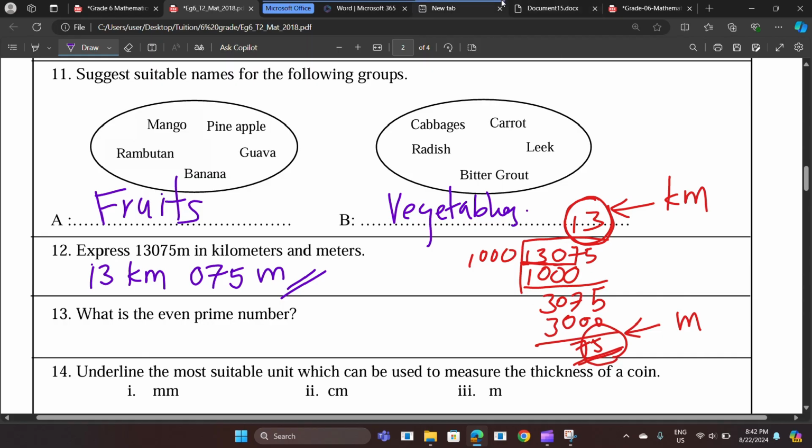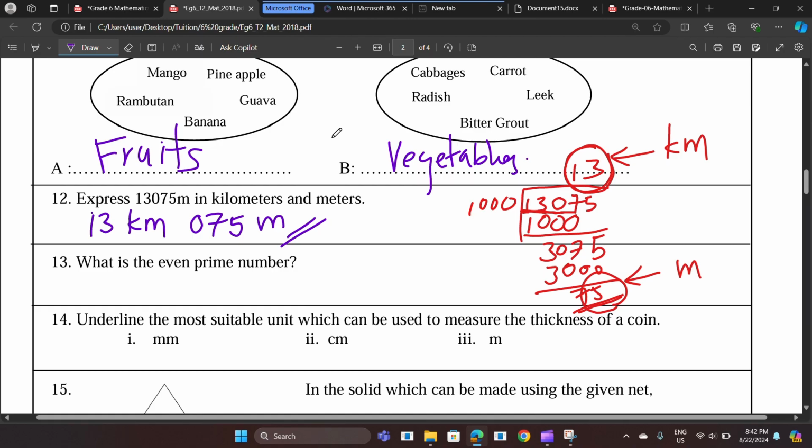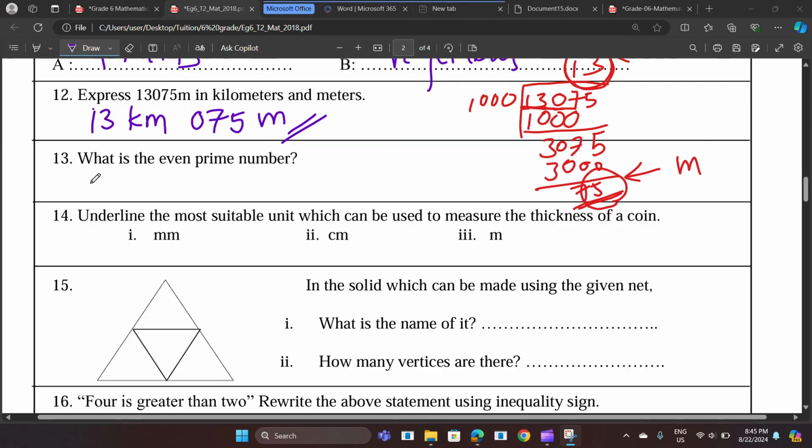Nice. Let's move to the 13th question. What is the even prime number? It is asking about a prime number. The specialty is that the prime number should be even.